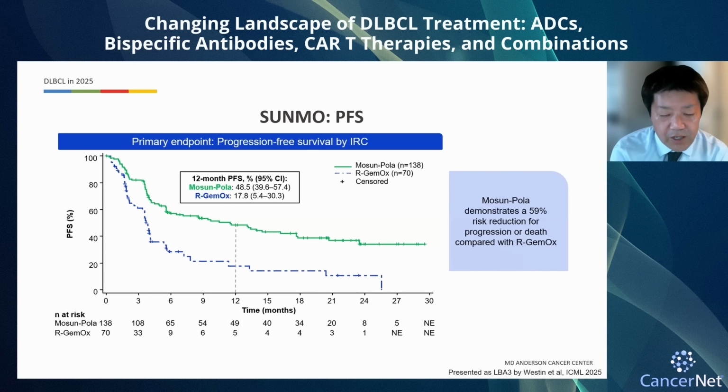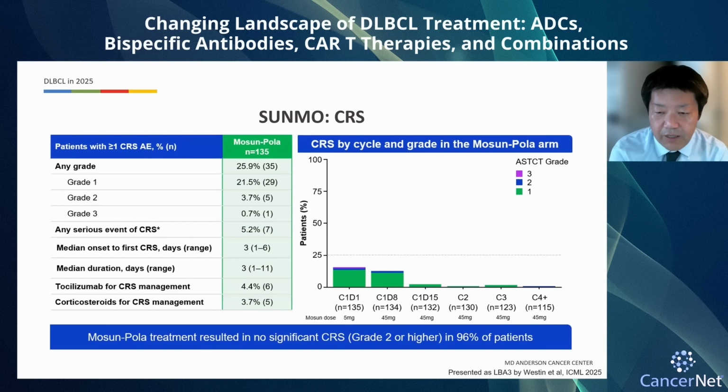And then there is also one single-arm phase 2 trial testing epcoritamab GemOx. That trial also showed a very similar outcome with bispecific antibody combined with GemOx. So these became available in the NCCN guideline.